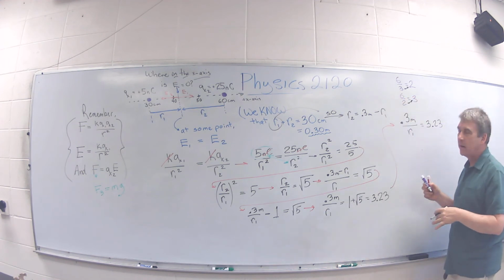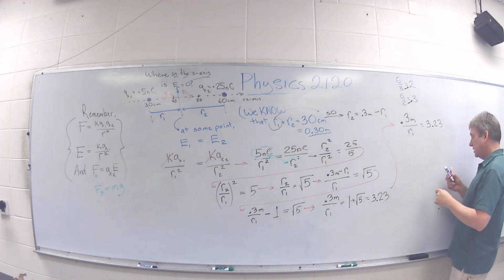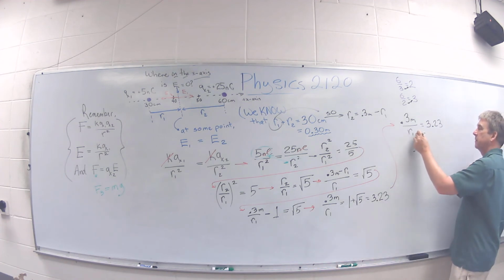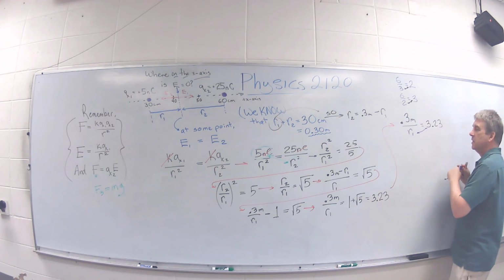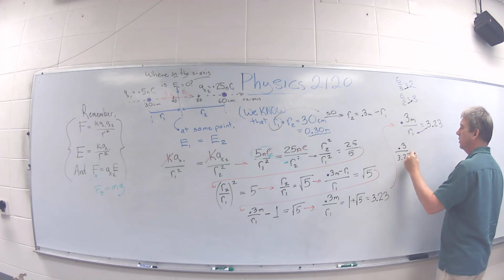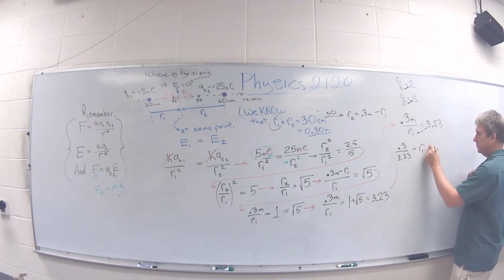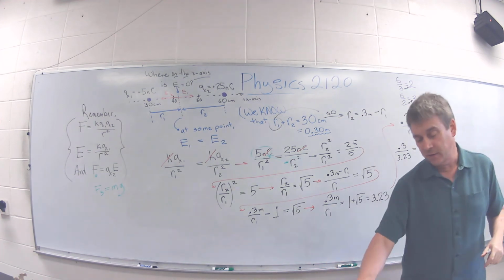And it doesn't matter what the squiggly lines look like, the math is the same. Look what gets to switch places down here. These guys. So 0.3 meters divided by 3.23 equals R1. And now it's time to reach for the calculator.